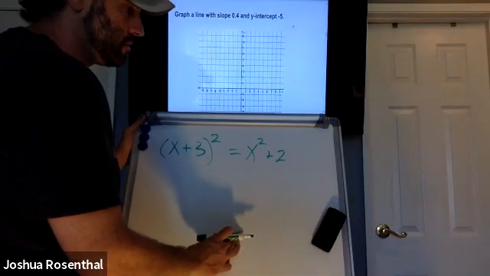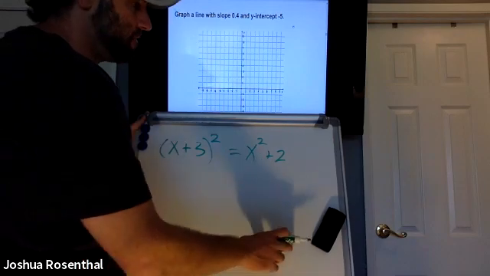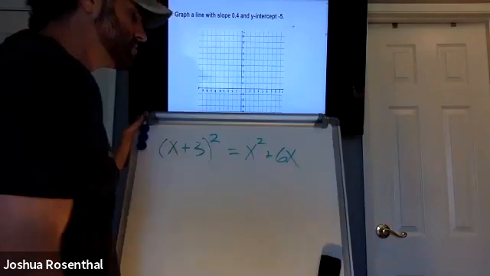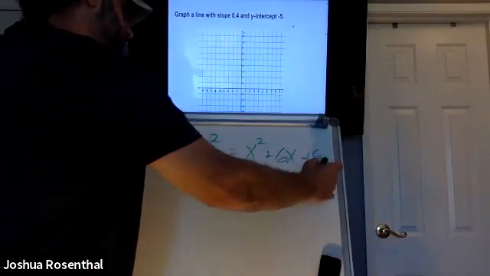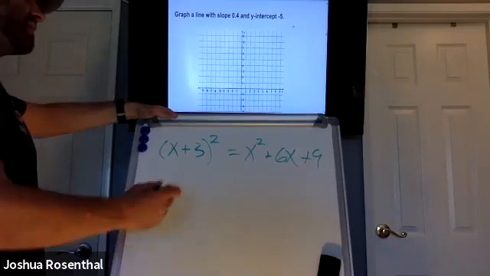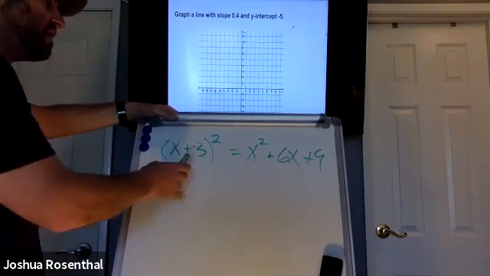So 6x? I guess so, because they wrote it like that. Plus 9. So would you factor x squared plus 6x plus 9 first? Wait a minute. This is an identity. This equals that.